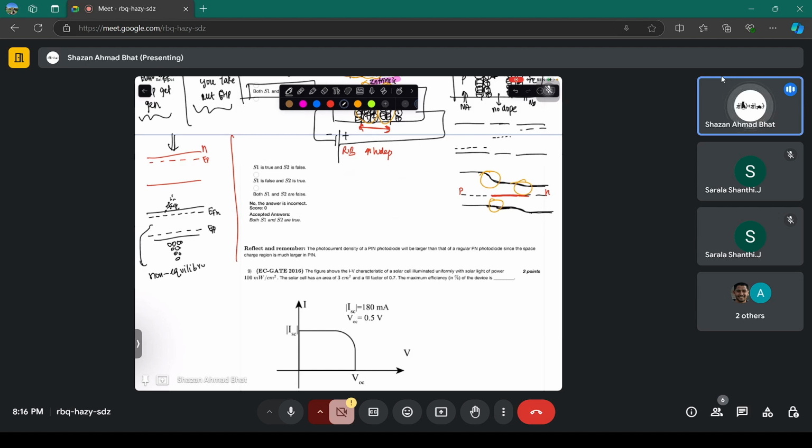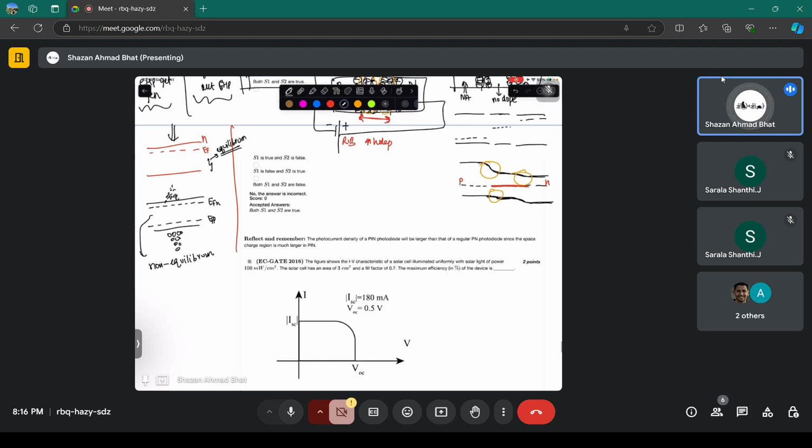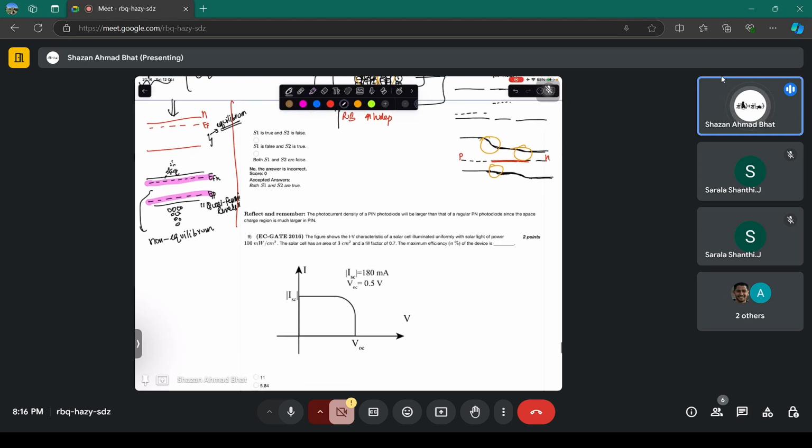It's not in equilibrium. Before, you were not disturbing the system, but when you disturb it, you create two different Fermi levels, which are represented as quasi-Fermi levels. So now you have to deal with the electron quasi-Fermi level and the hole quasi-Fermi level separately in non-equilibrium.